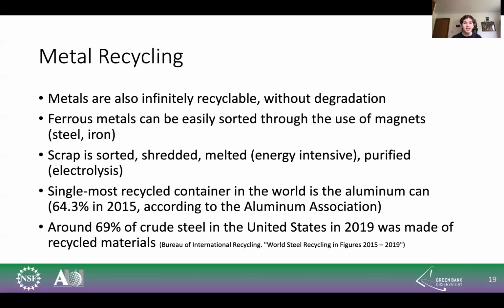And in fact, almost 70% of the crude steel that is used in the United States is the result of recycled steel products. So when it comes to individual metals, there are actually some really good results in terms of the recycling process.